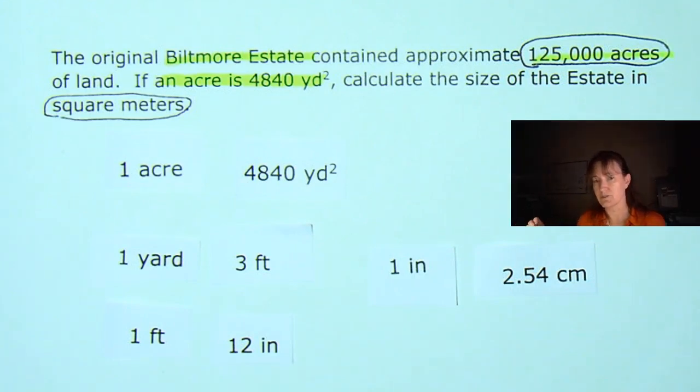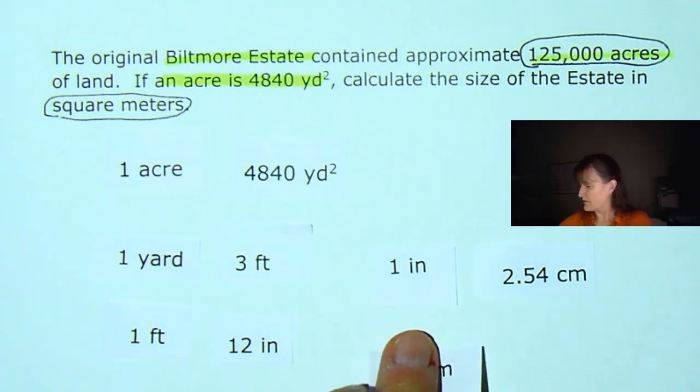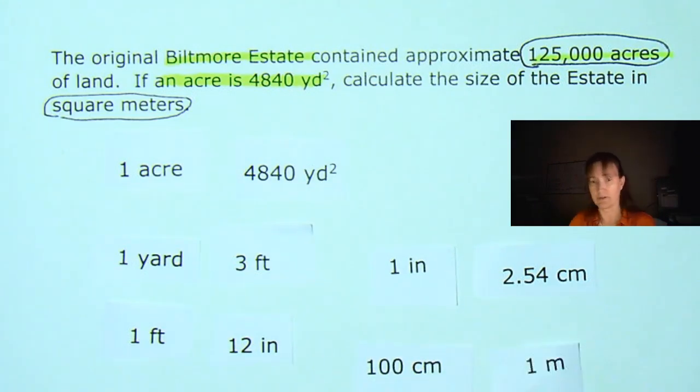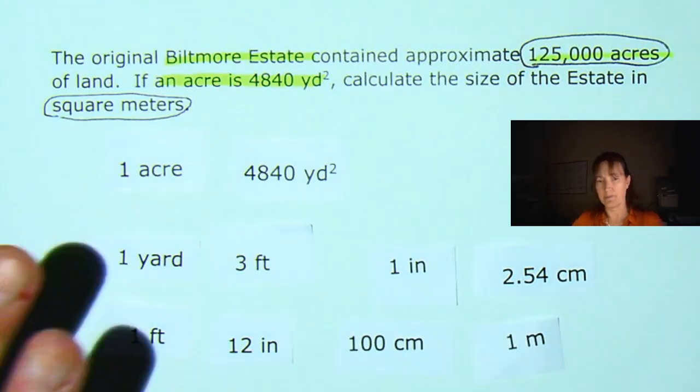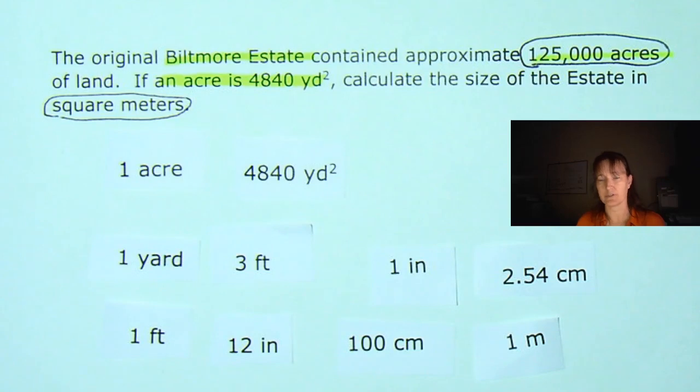So the centimeters would get us into the metric system, and we've learned that 100 centimeters is the same thing as 1 meter. But what you should notice about each of these pieces of information is that these are all just one dimension.